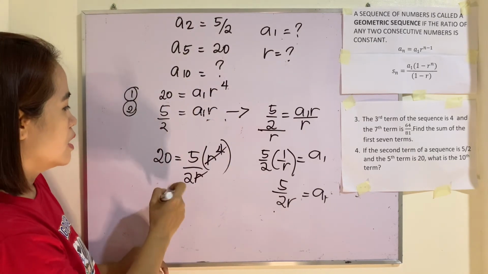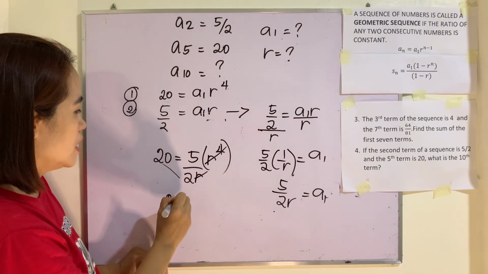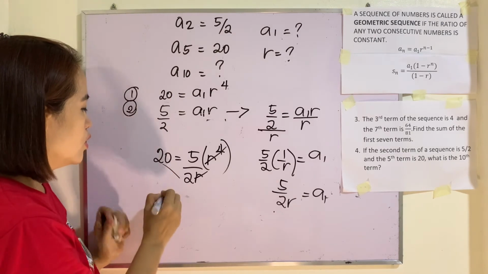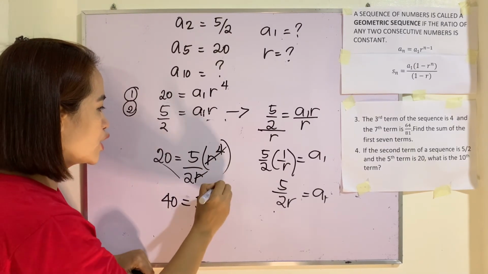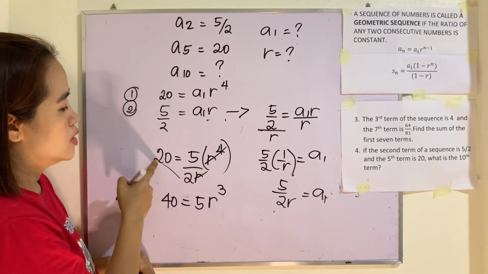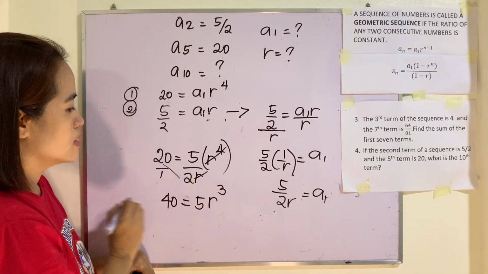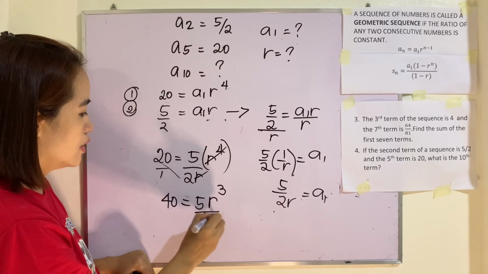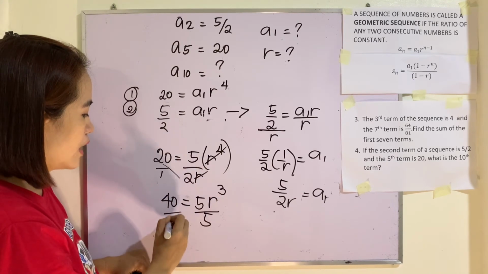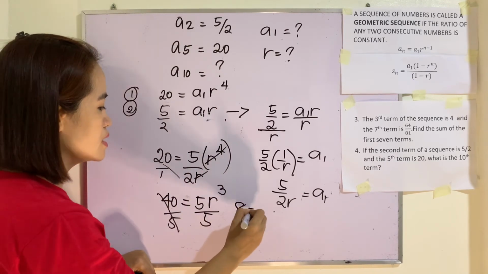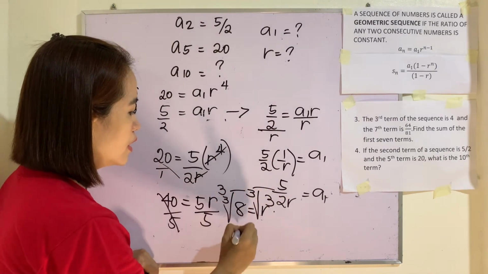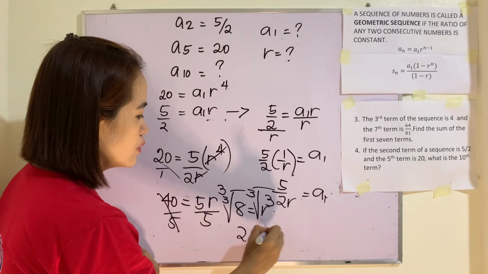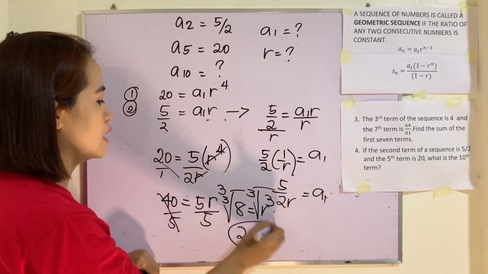And this is now 20, or 40 rather. 40 equals 5r cubed. I just get the cross product. So we have here 5r cubed divided by 5. This will be 8 is equal to r cubed. Getting its cube root, the cube root of 8 is 2.